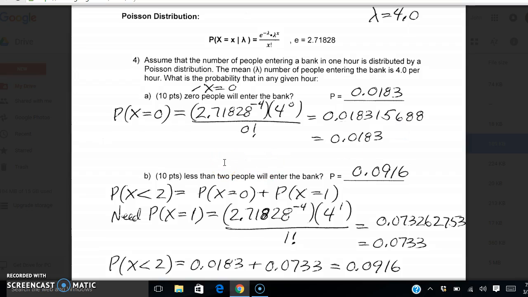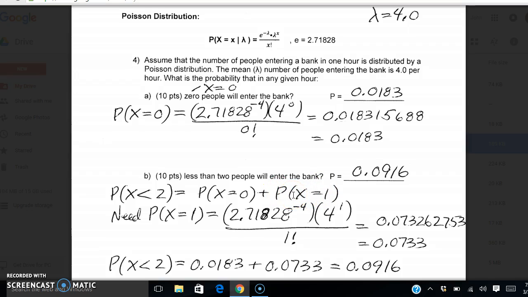Section B of the problem asks, what is the probability that less than 2 people will enter the bank? The probability that less than 2 people will enter the bank is the probability that 0 people will enter the bank, plus the probability that 1 person will enter the bank.